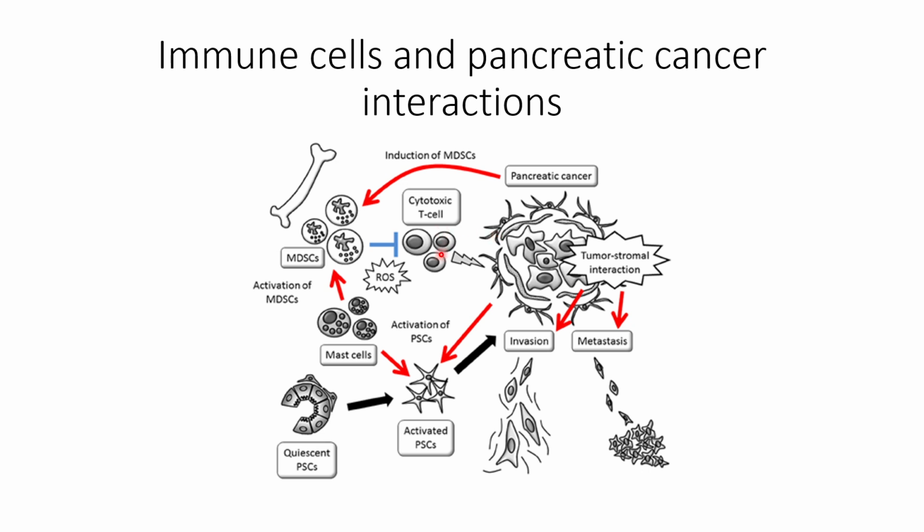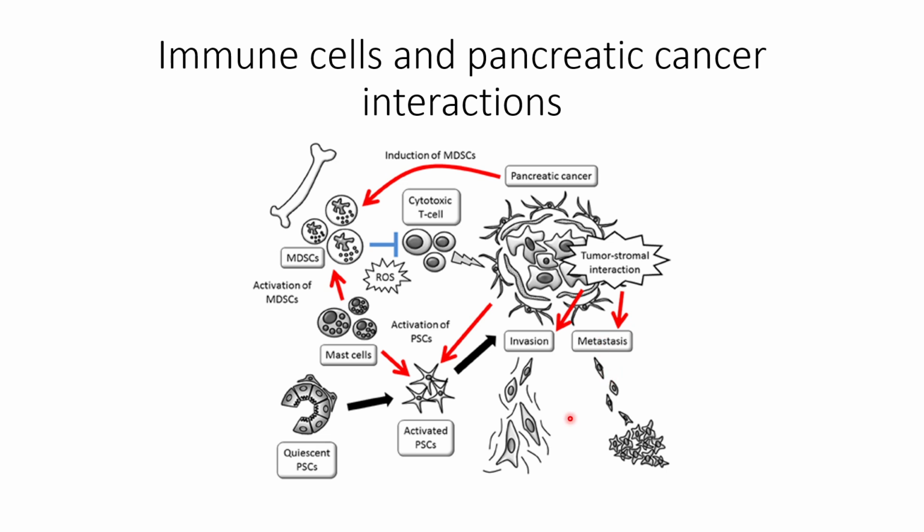It will prevent the immune cells from interacting with the tumors, and on the other hand, this change in the tumor microenvironment will also help the pancreatic cancer cells to migrate to the secondary organ sites.